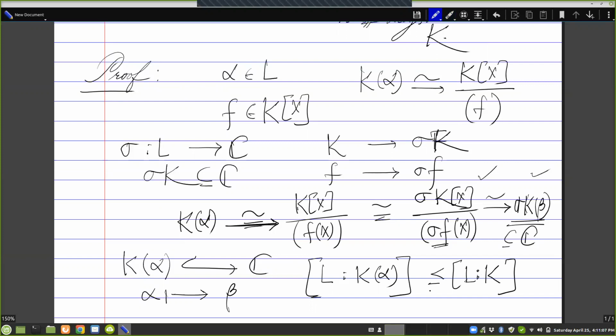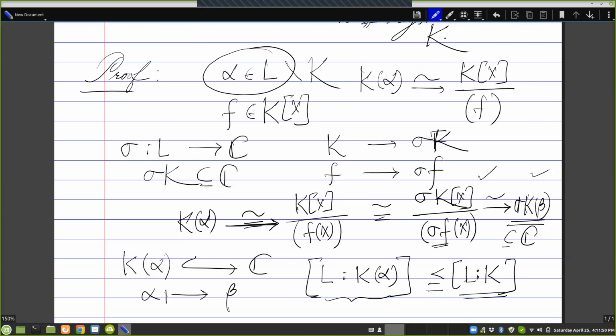And the equality means, from the formula that the degree of L over K is the product of the degree of L over K(alpha) and of K(alpha) over K, that if equality happens here, then K(alpha) over K is one dimension, that is K(alpha) is just K, which only happens if alpha belongs to K. So if I take any alpha from L which is outside K, then L over K(alpha) has a smaller degree than this extension.